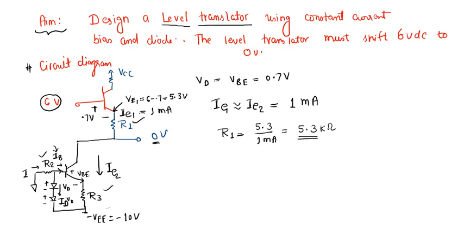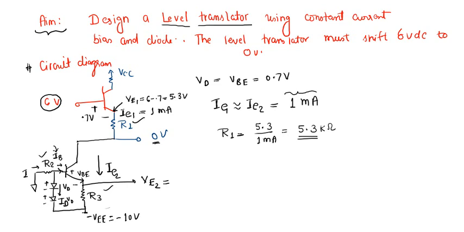But next, how can we realize this IE1 equal to 1 milliampere? For this we have to come to this constant current bias circuit. We have to analyze this. For this we have to first find out what is the emitter voltage of this.